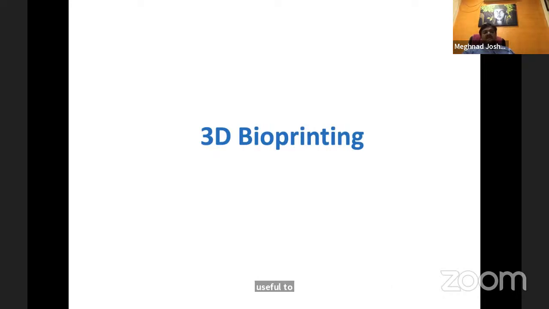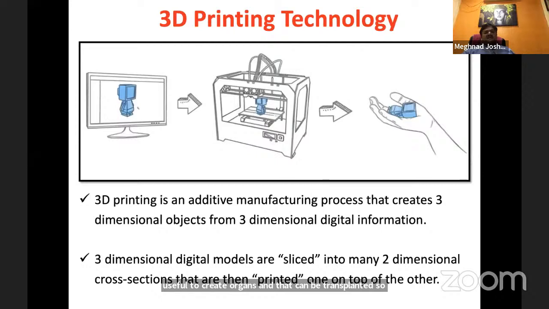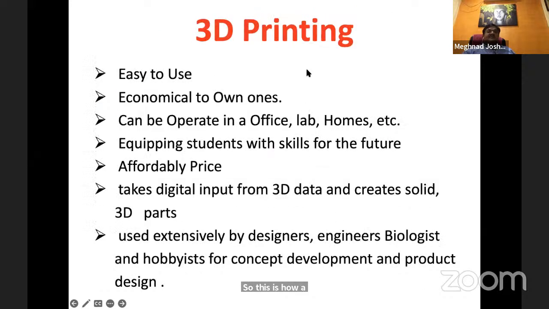So in simple words, 3D printing is like additive manufacturing to create three-dimensional objects from three-dimensional digital information, and three-dimensional digital models are sliced into many two-dimensional cross sections that are then printed on top of each other. So this is how simple 3D printing is used.